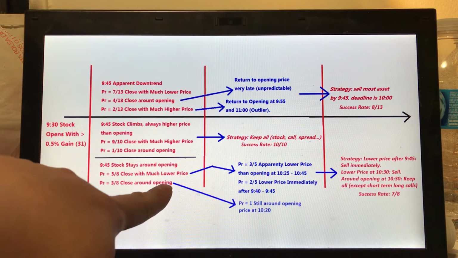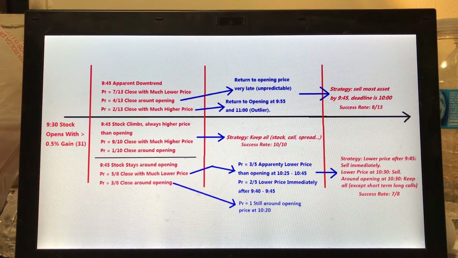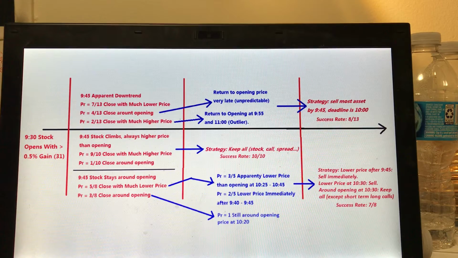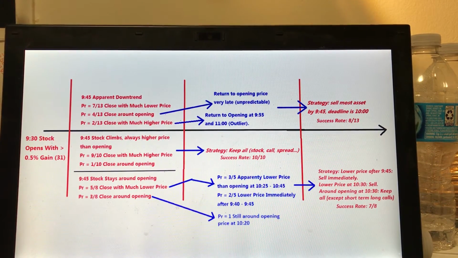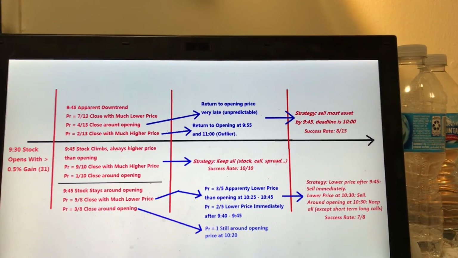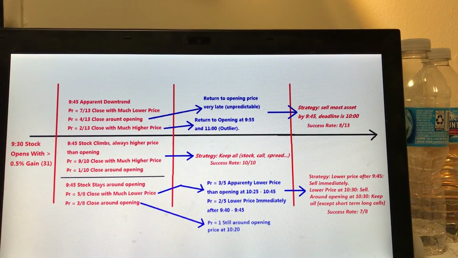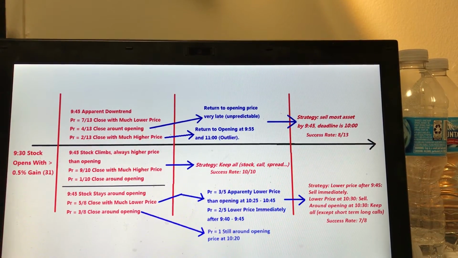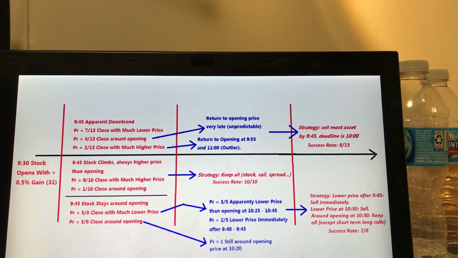And out of these 3 cases where the stock closes around opening, in all of these 3 cases the stock price still remains around the opening price at 10:20 a.m. So our strategy for this case should be that if the stock stays around opening price until 9:45 a.m. and you see a much lower price or a stock price drop after 9:45, you should sell immediately.